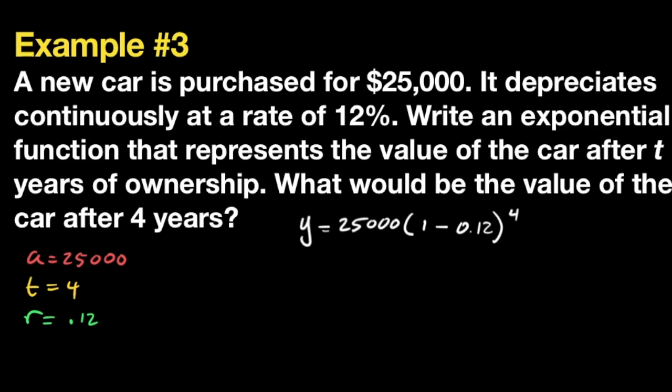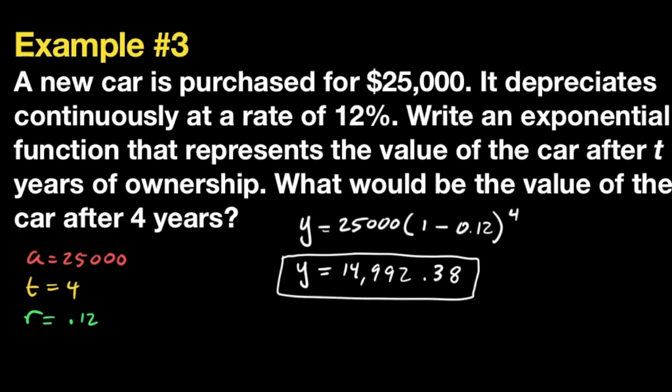Your answer for this problem is going to be y is equal to 14,992.38. Even though this is 0.384, the 4 doesn't round it up, so we're just going to keep it as 0.38. So your car would be valued at that number. So if you were trying to sell it, that's the most people will give you for that car.